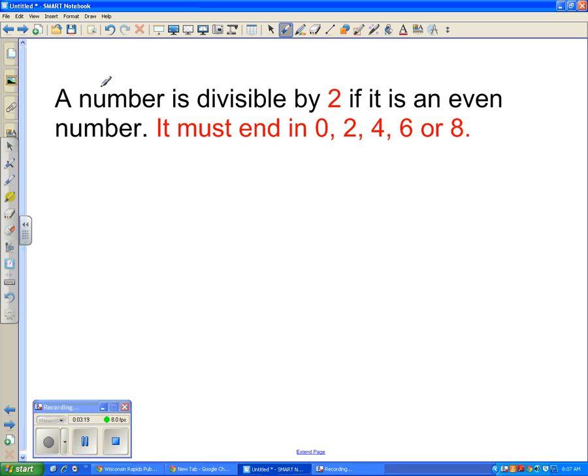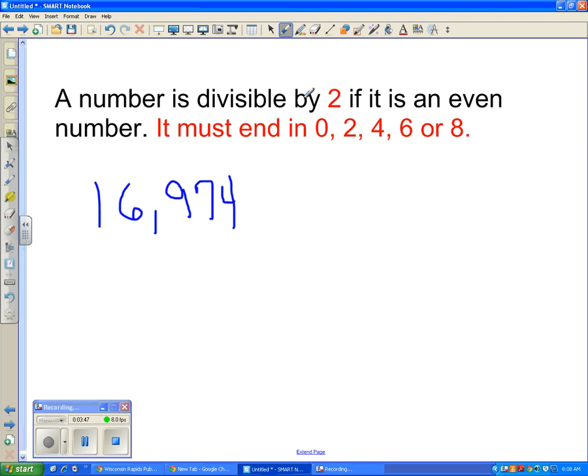Okay, so the first test says a number is divisible by 2 if it is an even number. So you can check to see if a number is even by simply looking at the last digit of the number. So if I look at, let's say, the number 16,974.